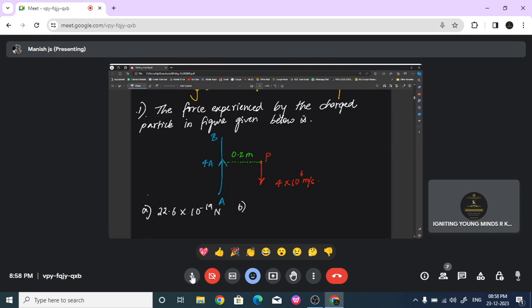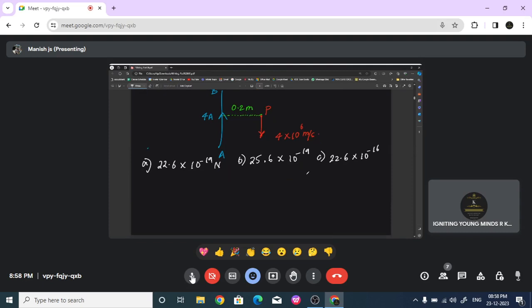Option B, 25.6 into 10 power minus 19. Option C, 22.6 into 10 power minus 16. Everything is in newtons, okay? Because it's force that we're talking about. And option D is 25.6 into 10 power minus 16 newtons. Okay, so these are the options.